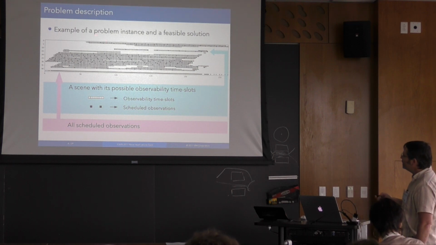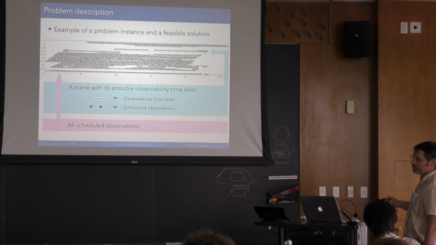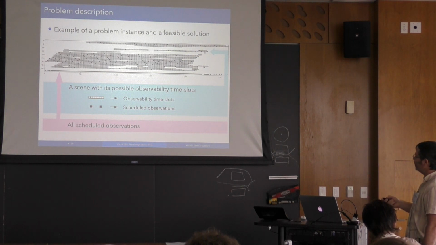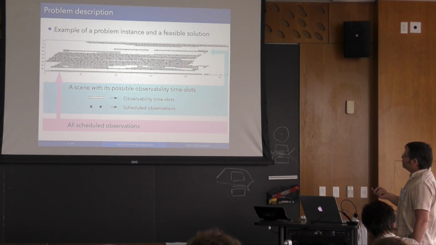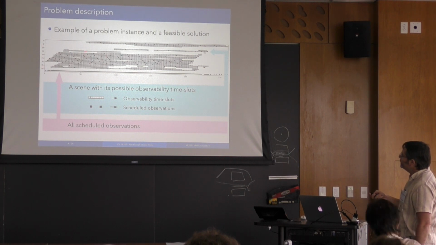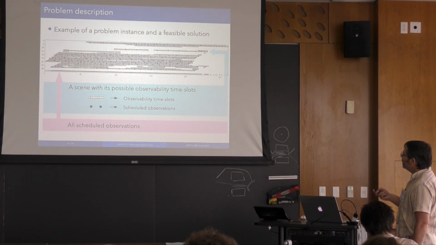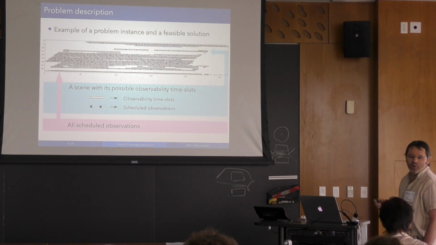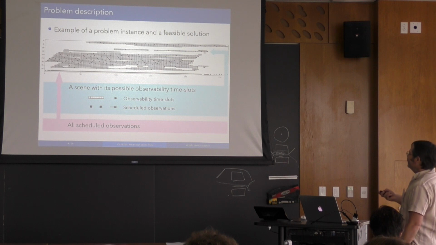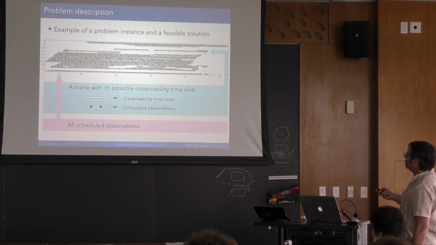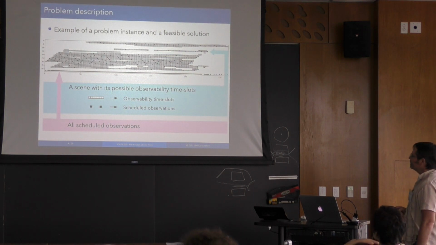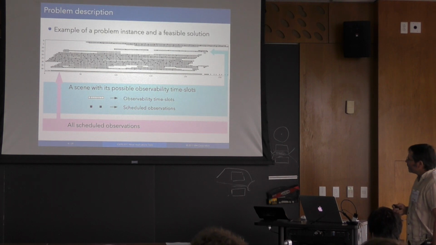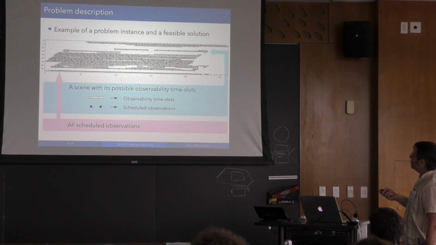In this instance we have more than 30 scenes that can be observed. For a given scene, for instance this one here, you have a period of observability, but then maybe there is some cloud or some showers during lunch, and then it's not observable anymore. And then it's observable again.